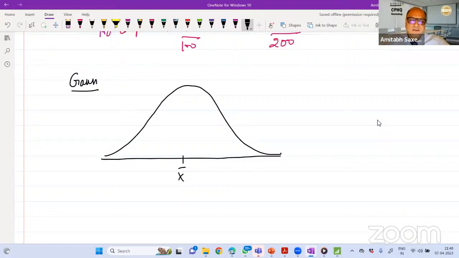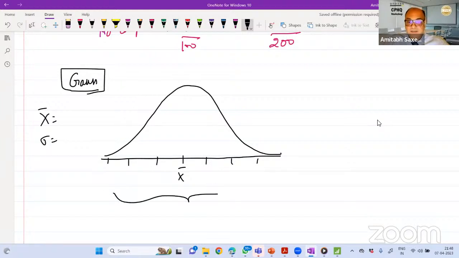So coming back, whenever I have data, I can know the average and I can know the standard deviation. And one of the interesting things which Mr. Gauss found is that 99%, or to be very precise, 99.73% of the total population from which this sample is drawn lies between plus minus 3 times the standard deviation.